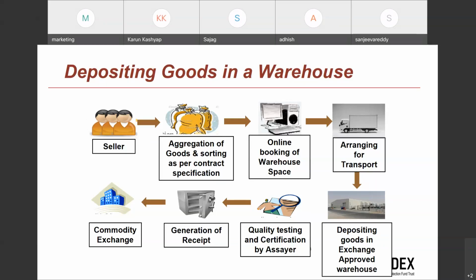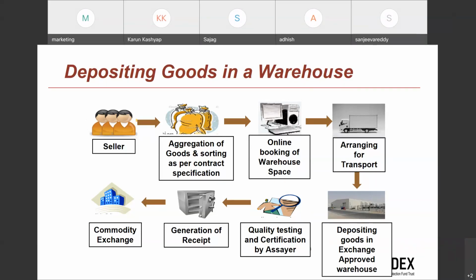Then his goods will be assessed on the exchange. If it is a physical testing commodity, or physical testing is possible for that commodity, then the commodity is unloaded and the assessor approves the commodity on the spot.